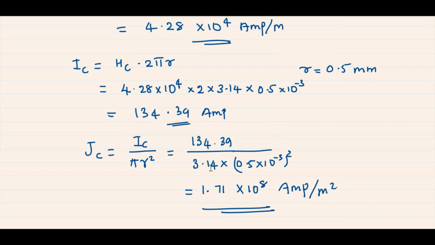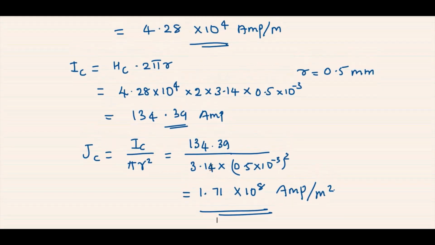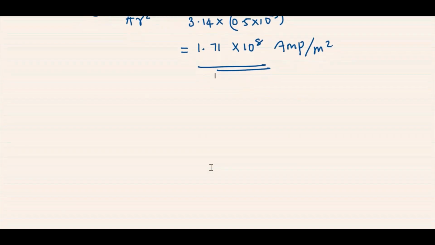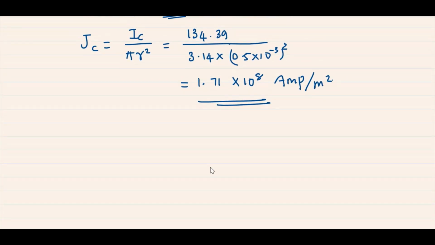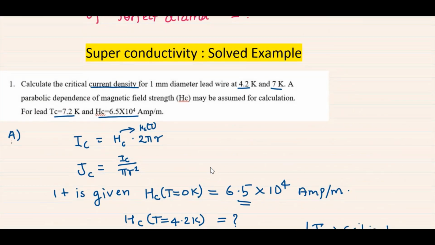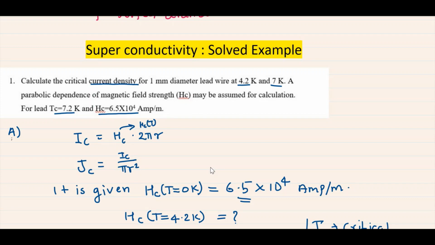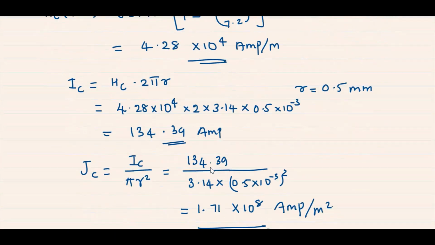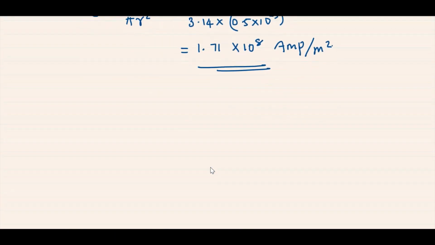Similarly we can find Ic and Jc at T equal to 7 Kelvin. We found at 4.2 Kelvin, and also we need to find at 7 Kelvin. The steps are identical.